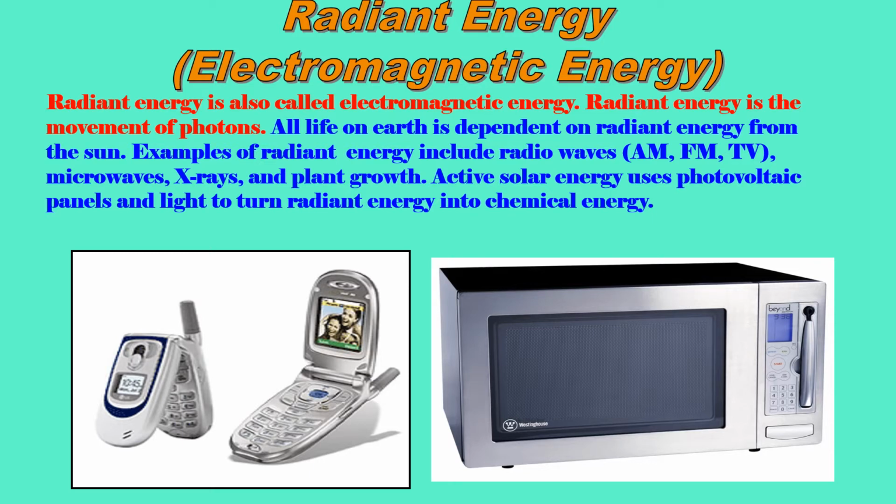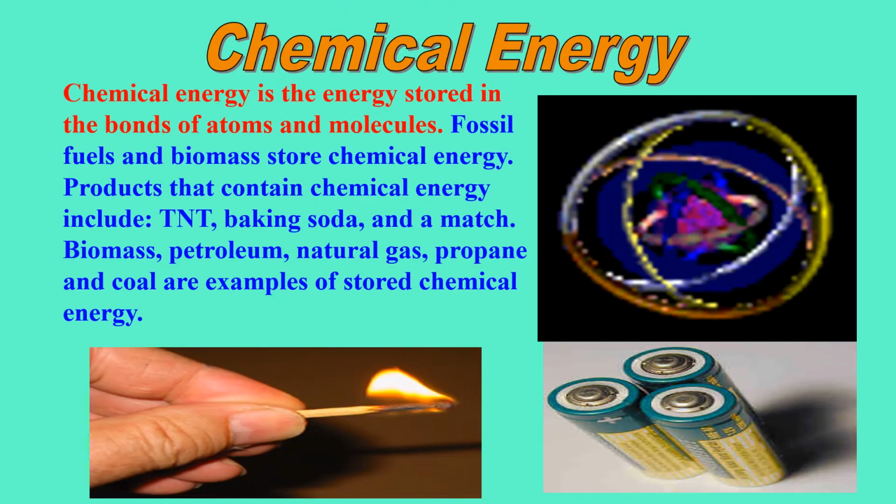All life on Earth is dependent on radiant energy from the sun. Examples of radiant energy include radio waves, AM, FM or TV, microwaves, X-rays, and plant growth. Active solar energy uses photovoltaic panels and light to turn radiant energy into electrical energy.